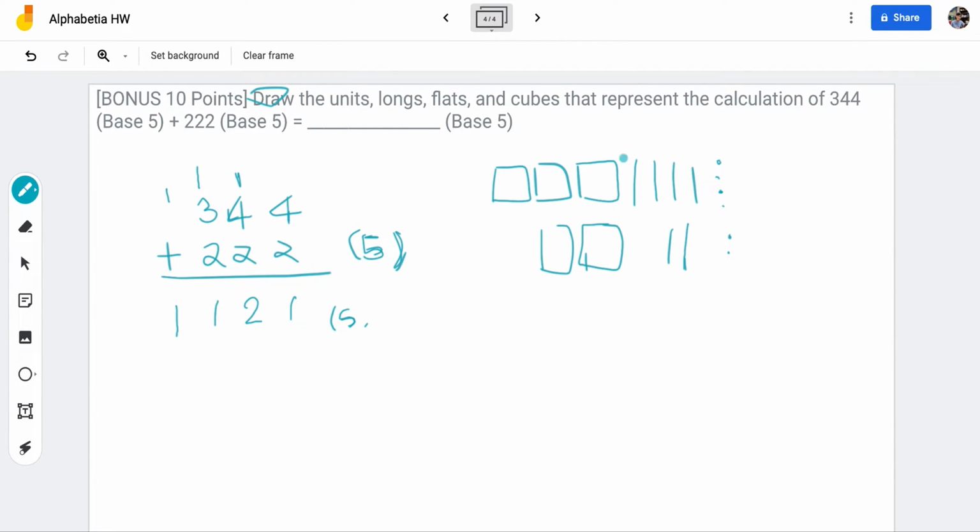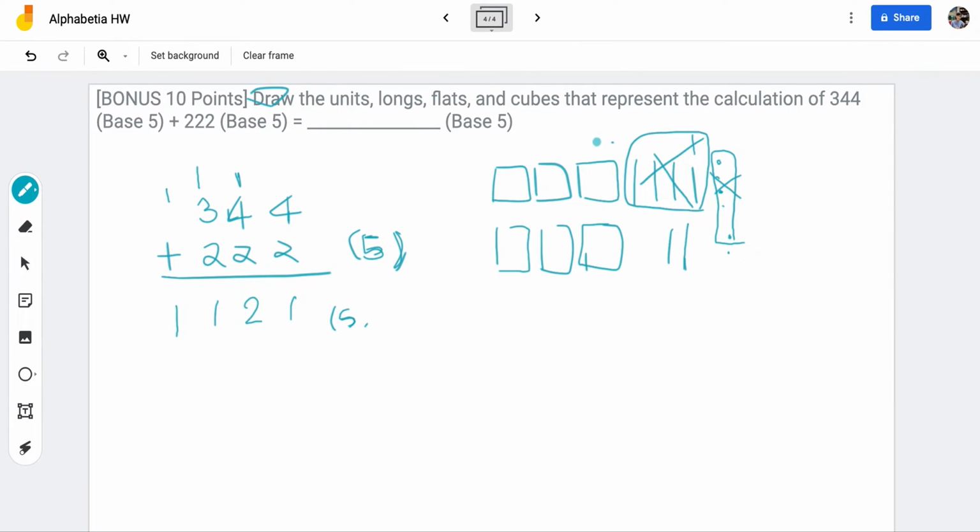When you add this together, we know that we can have these together to make another long, right? And 5 of these make another flat.